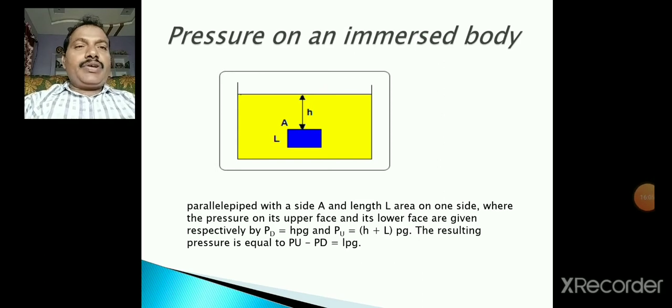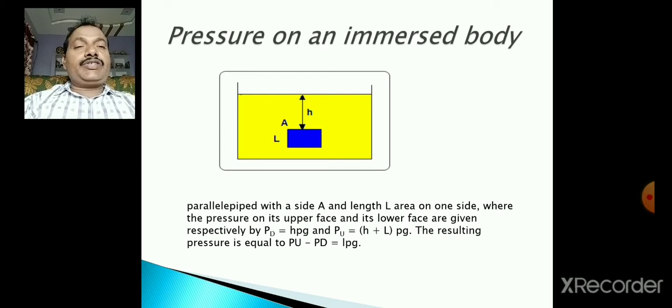Here is the pressure on an immersed body. Take a parallelepiped with side A and length L, area A on one side, where the pressure on its upper face and its lower face are given respectively by PD, the lower face, that is H rho G, and PU, the upper pressure, which is H plus L rho G. The resulting pressure, upper pressure minus lower pressure, equals L rho G. L is the length of the body and G is the gravitational acceleration.